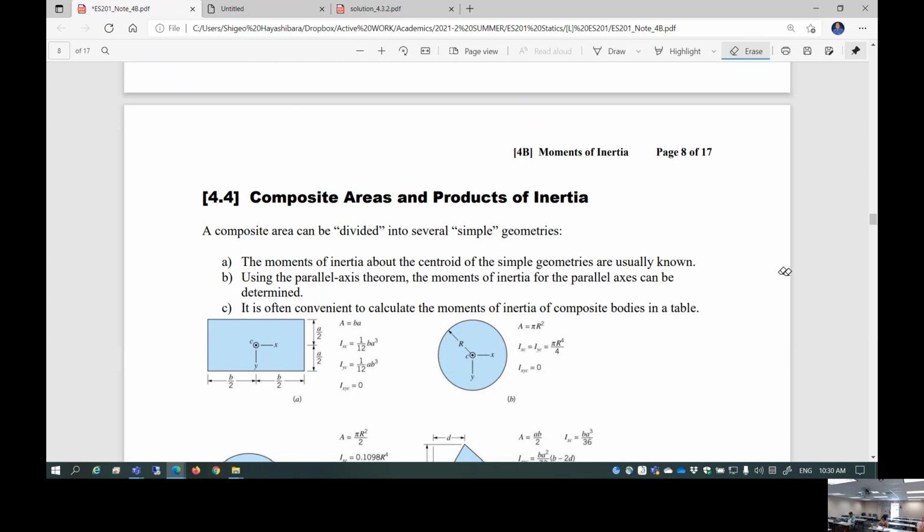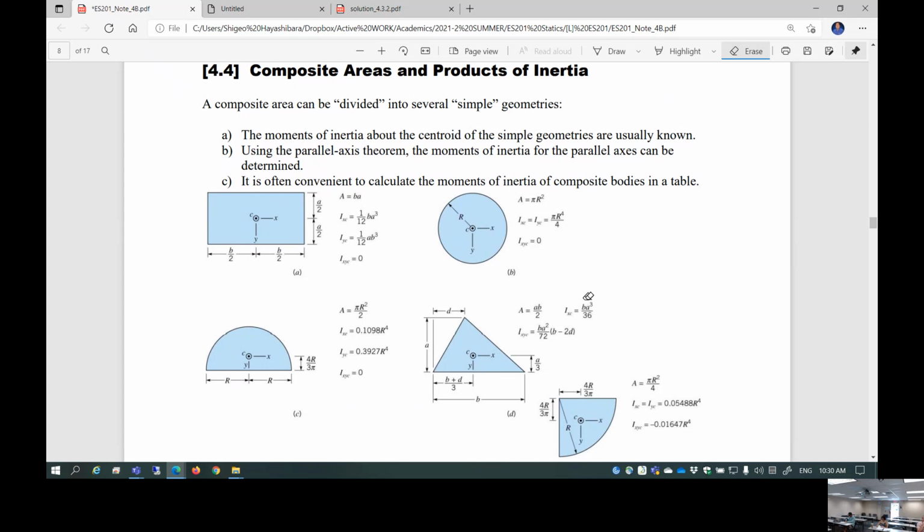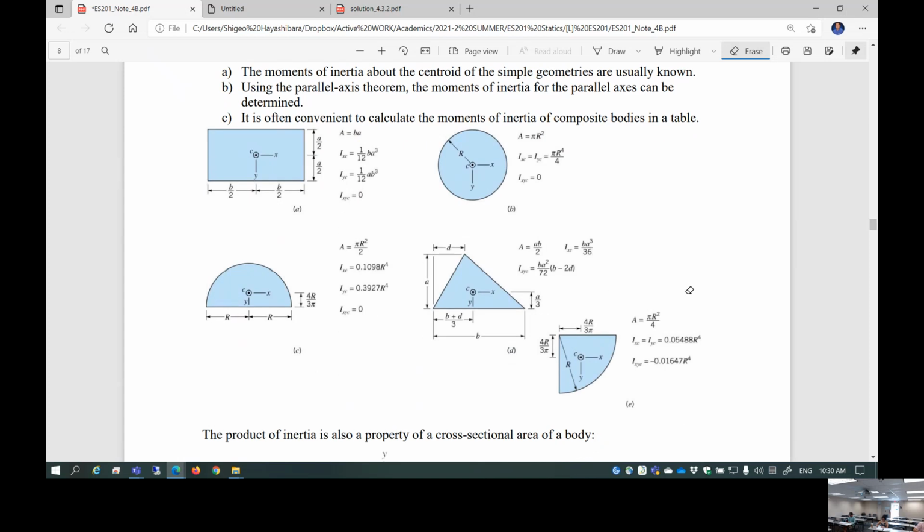All right, page 8, composite area and product of inertia. Composite area is basically, suppose you're given a cross-section that is a combination of common cross-sections, such as an I-beam composed of 3 rectangular cross-sections, 1, 2 and 3. You divide it into 3 different parts, find the local moment of inertia using the parallel axis theorem, and determine the entire cross-section's moment of inertia about a given axis or a given centroidal axis, either way.